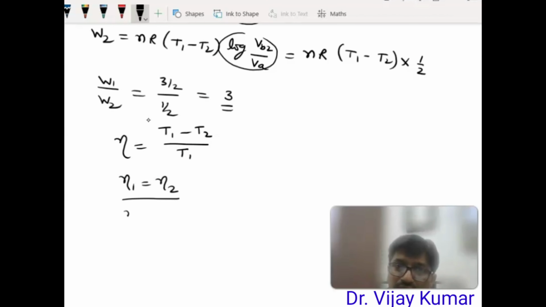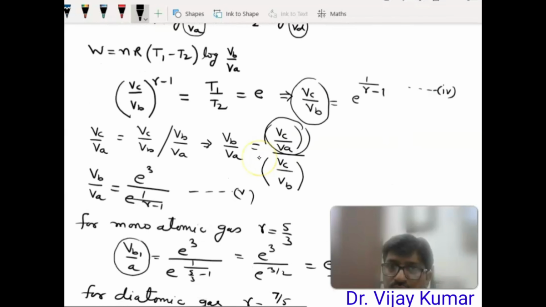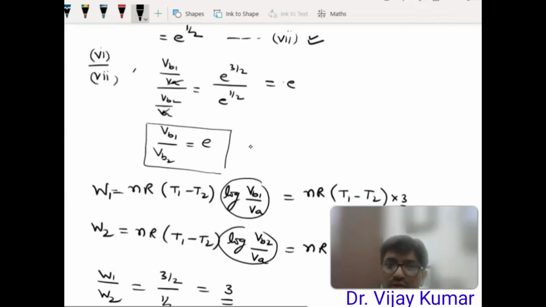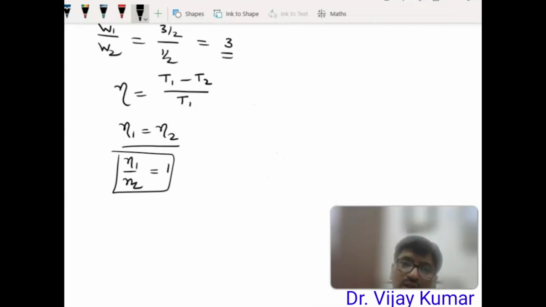So eta 1 upon eta 2, the ratio of efficiency, is equal to 1. So this answer also will be the correct option. A, B and D, these three options are correct in this question. Only option C will be the wrong answer.